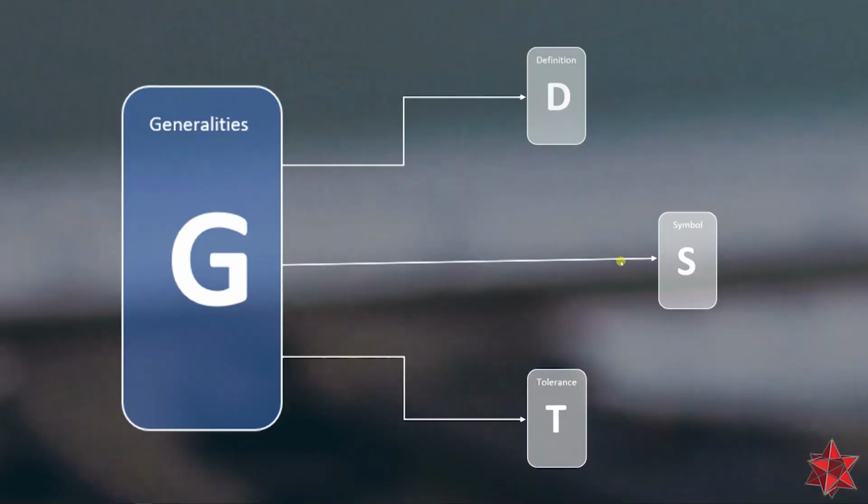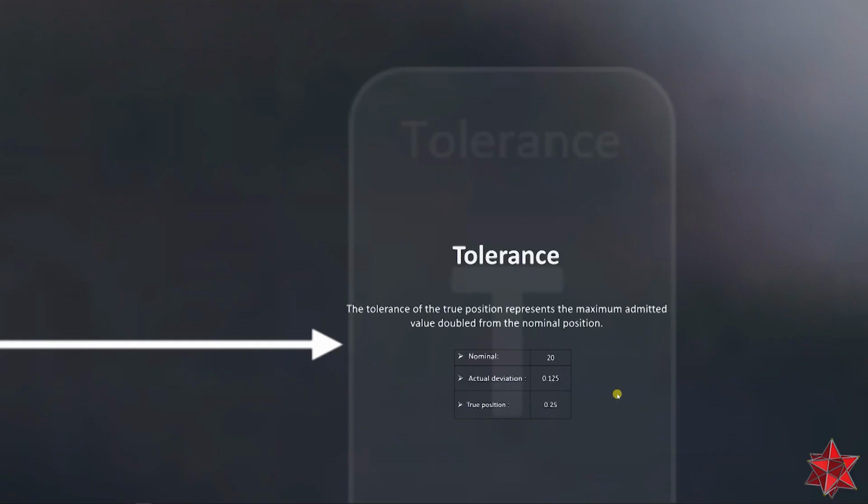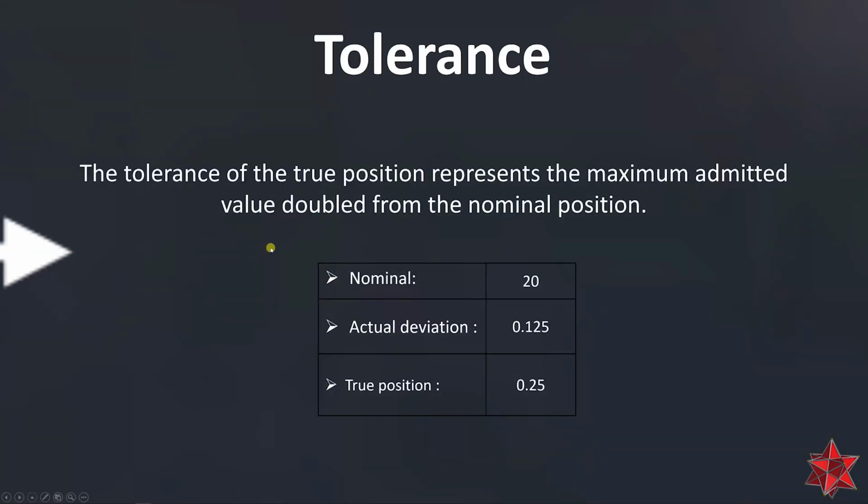A few words also about the tolerance of the true position. So the tolerance of the true position represents the maximum admitted value doubled from the nominal position. We have to understand about this affirmation that the true position doubles the value of the deviation. So as an example, we can see here that we have a nominal of 20 millimeters.